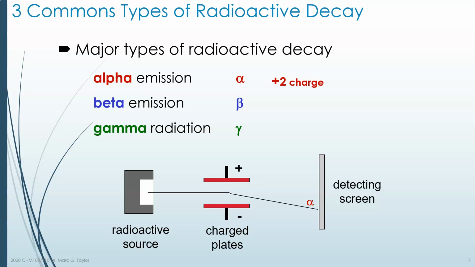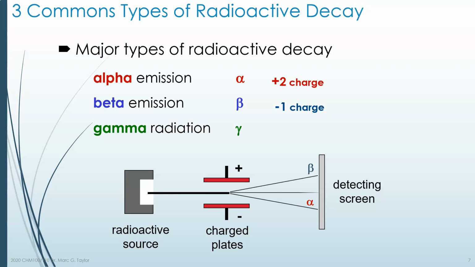And that told the researchers that this particle was positively charged. And it was soon discovered that it was in fact a +2 positive charge for this particle. When beta particles were emitted through these plates, they were deflected away from the negative charge towards the positive charge, and this told them that the beta particle had a negative charge, and in fact it was a -1 charge.